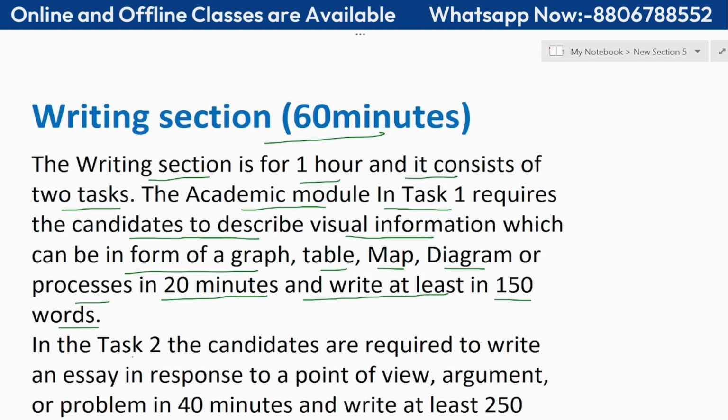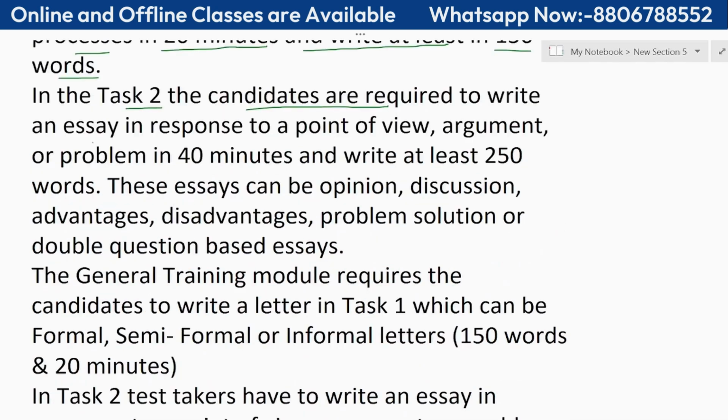Okay, now in task 2 the candidates are required to write an essay in response to a viewpoint, an argument or a problem in 40 minutes and write at least 250 words. These essays can be opinion, discussion, advantages, disadvantages, problem solution or double question based essays.